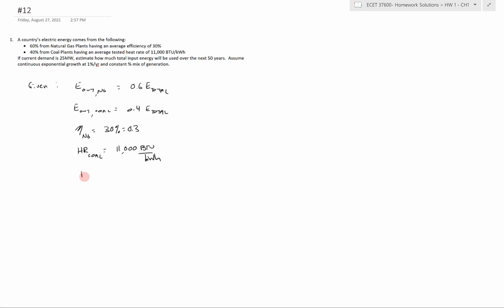Remember, demand is a power. P0 equals 25 megawatts. And we're asked over a 50-year period, so T is 50 years. And we were told that the growth rate was continuous exponential, and it was 1% per year, which would write like that.